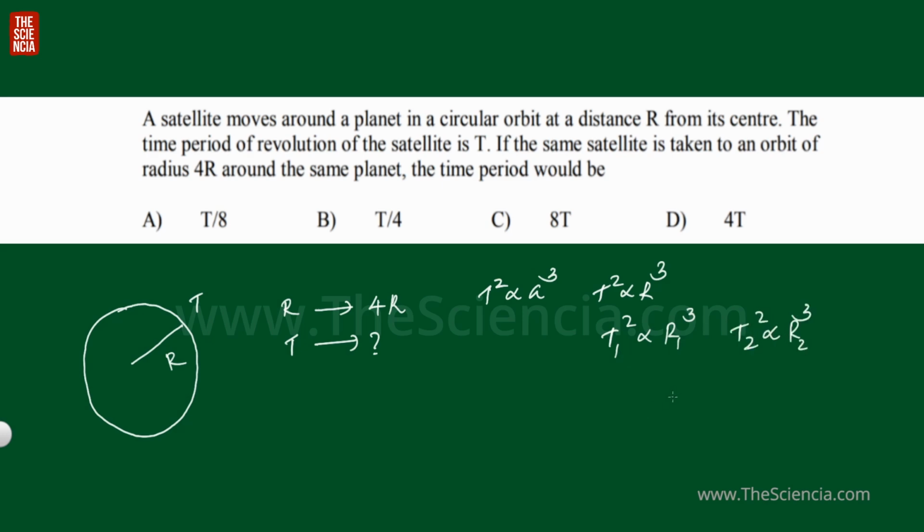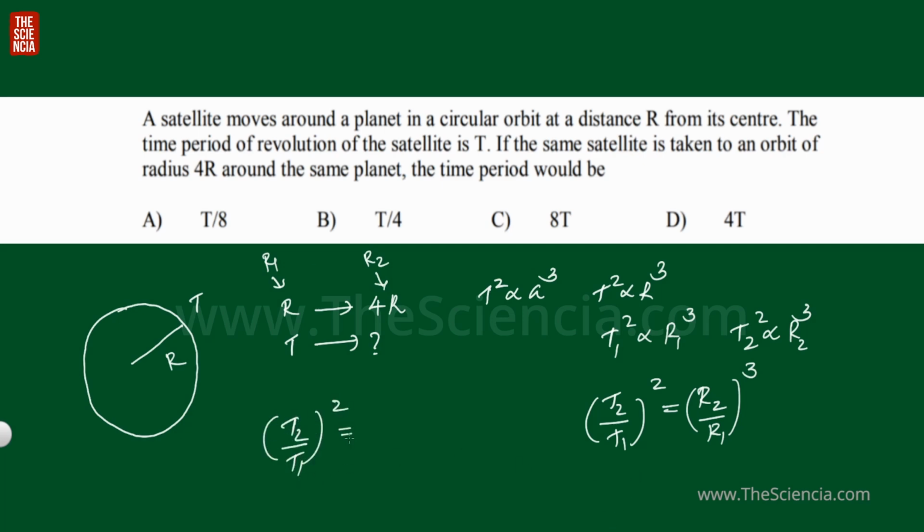So I can make two equations, that is T1 square proportional to r1 cube and T2 square proportional to r2 cube. Now I am dividing one by another, that is T2 by T1 square is equal to r2 by r1 cube. Here this one is the r1 value, initial value, and this is the r2 value. So T2 by T1 all square is equal to r2 by r1 all cube, that is 4r by r all cube.